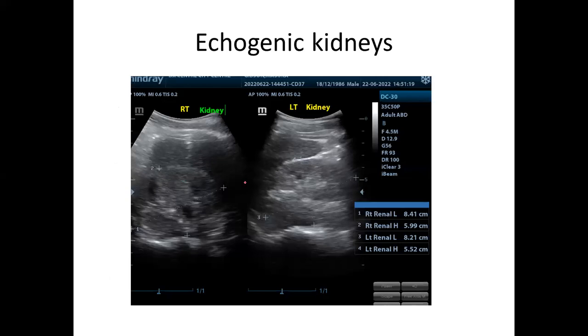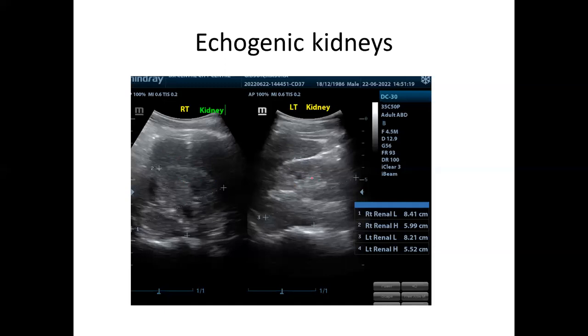This is one of our clients who had hypertension, and the kidneys were echogenic after the indirect evaluation. You can see that the liver there is actually hypoechoic compared to the kidney.